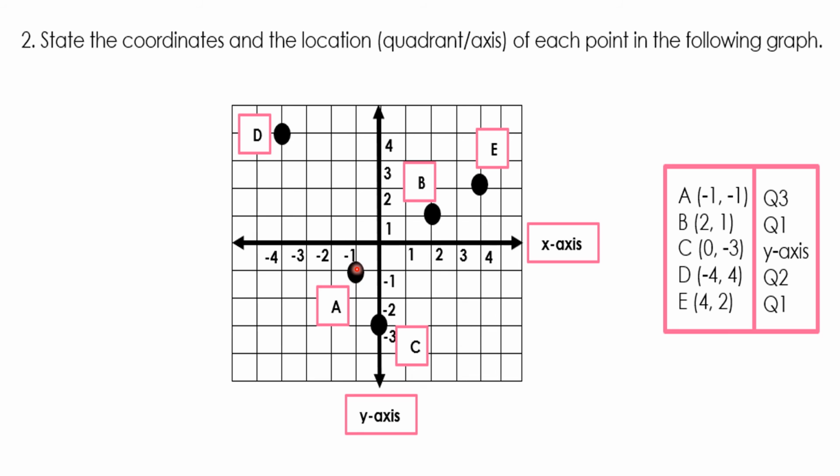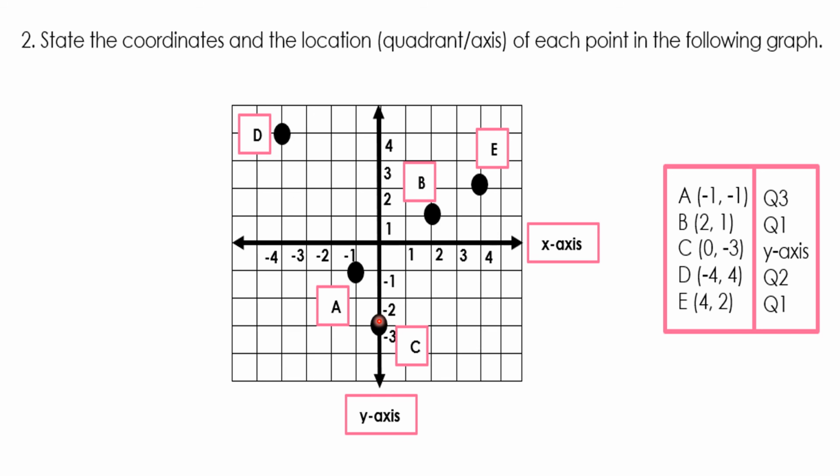So point A is located in the third quadrant. Next, let's proceed to point C, which is (0, -3). The x is 0, so it is on the origin line, and then y is negative 3. Since it is downward, our point C is located on the y-axis.